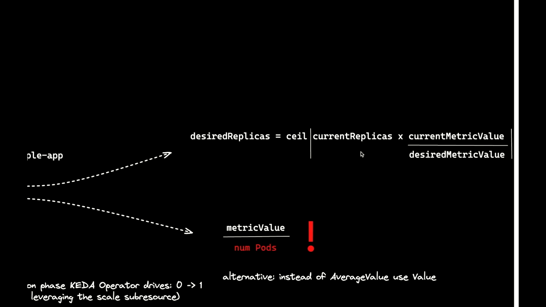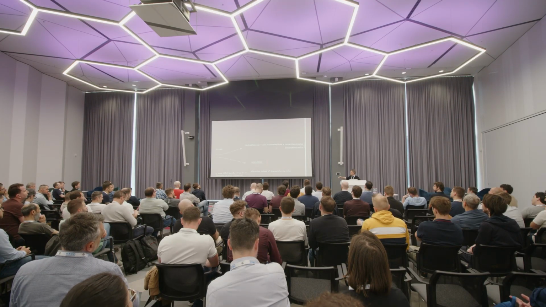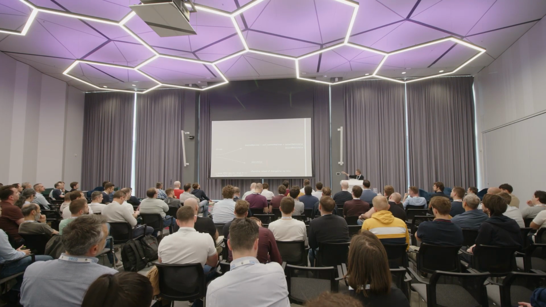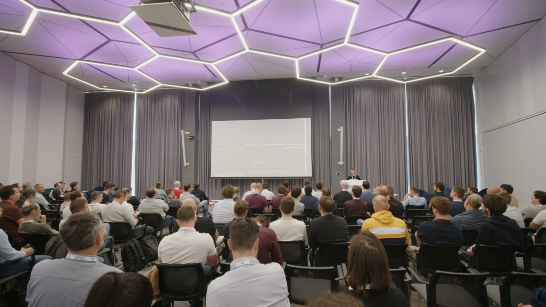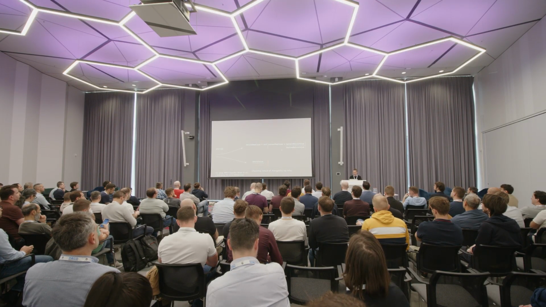The current metric value is compared to the desired metric value, then multiplied by the current replicas, and then the ceiling is taken. So if I have a metric which is quite higher, I will have a desired replicas count which increases.